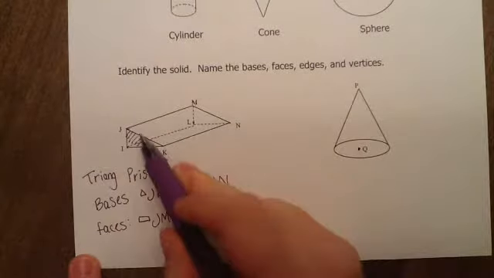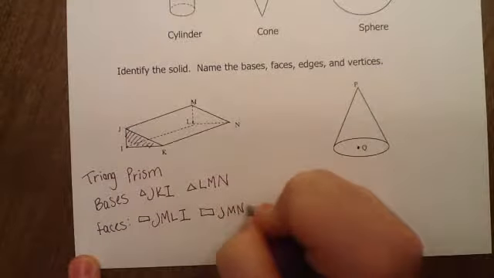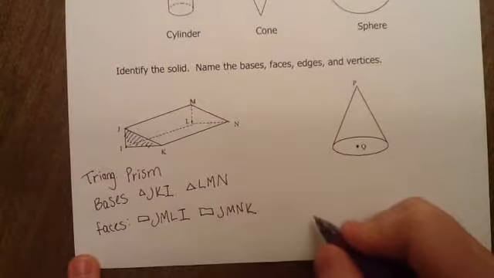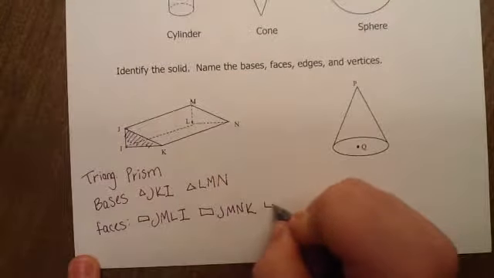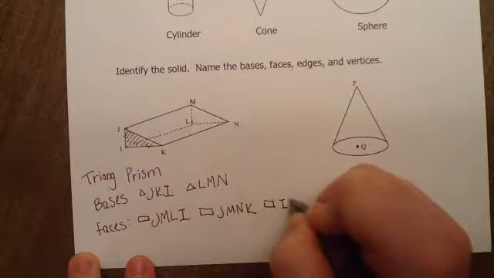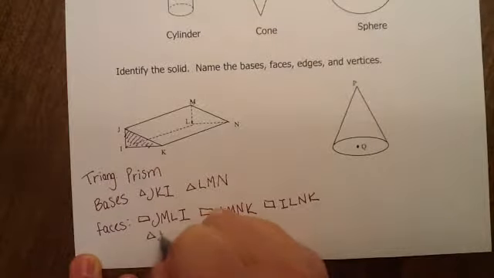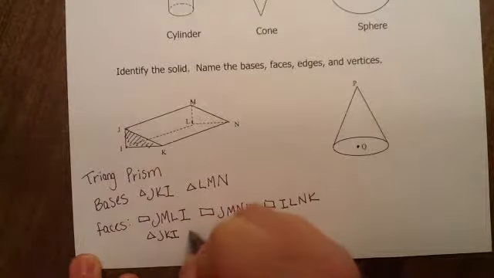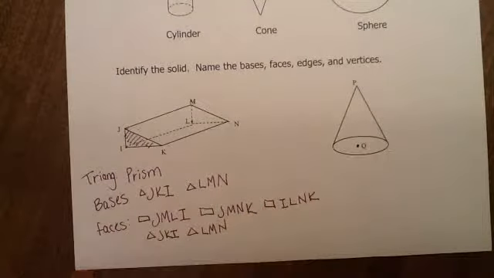What are those? J, M, N, K. Remember, they can be in any order. And there's another face, this bottom one. And that is rectangle I, L, N, K. Don't forget, we can also include those two triangles. Those are also bases and faces. So a base is a type of face.